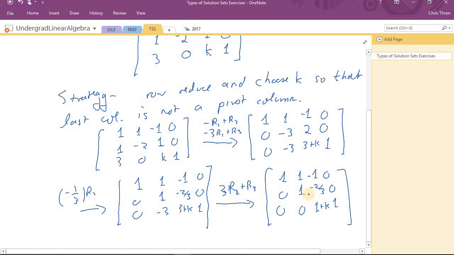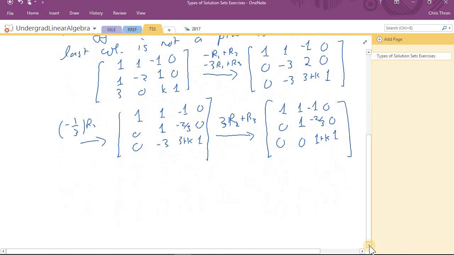All right. Now, look, this last row is in danger of becoming a pivot row. If 1 plus k is 0, then this last column is a pivot column. Okay, so I'll just write that.